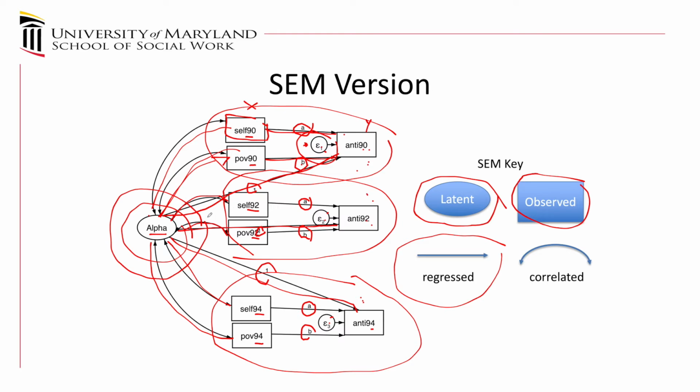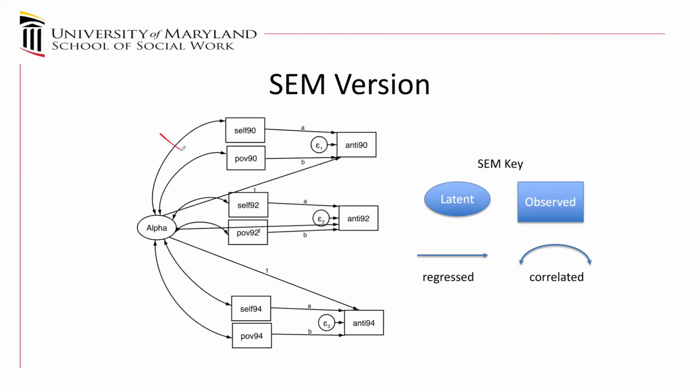So right here we see these arrows. In random effects models, we won't have them. We'll explicitly exclude them from the model. We'll fix them to 0 because that's what the model assumes.